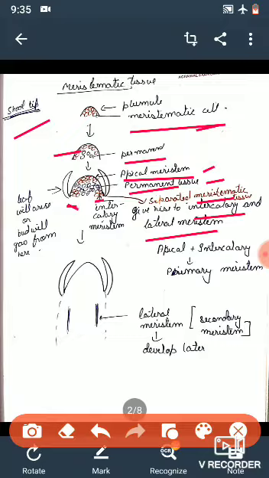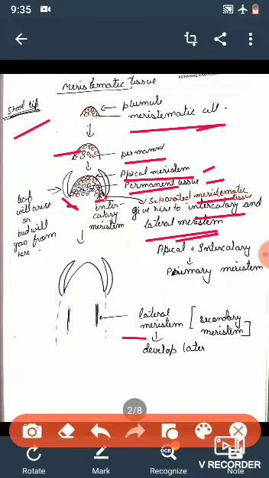And this separated meristematic tissue will now give rise to intercalary and the lateral meristem. Intercalary, this side they will give rise to the leaf or they will form the bud, and the lateral meristem they will help in increasing the thickness of the stem.